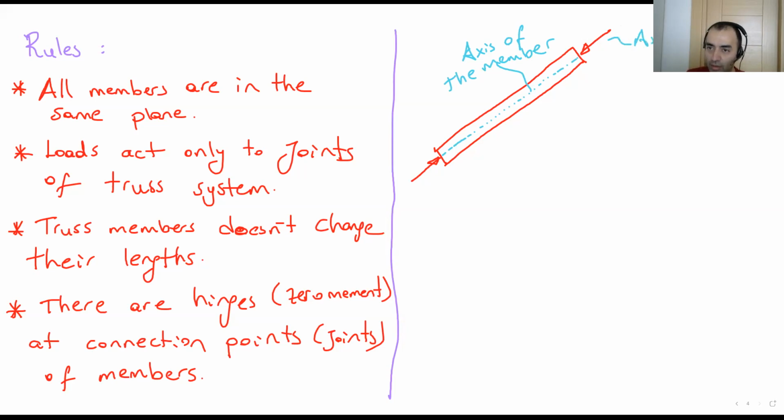If this axial load squeezes the member, as you can see, this is my pen, and I squeeze it. This is a compression loading, compression load. We squeeze it.